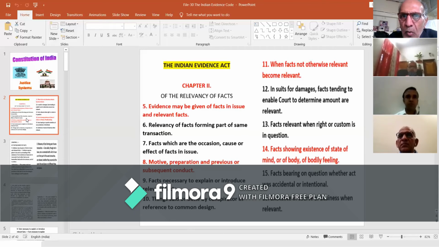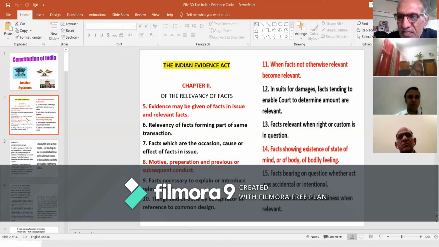Now, those ingredients are the facts with respect to which the evidence is to be led by the prosecution. However, the law provides that the relevant facts, the facts which will be relevant to the ingredients or issues as the word is.